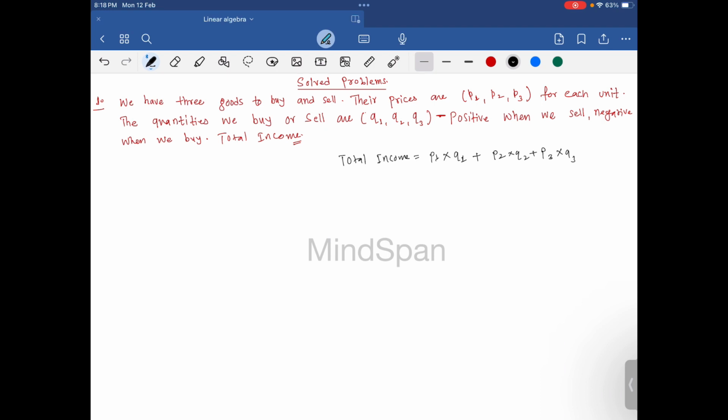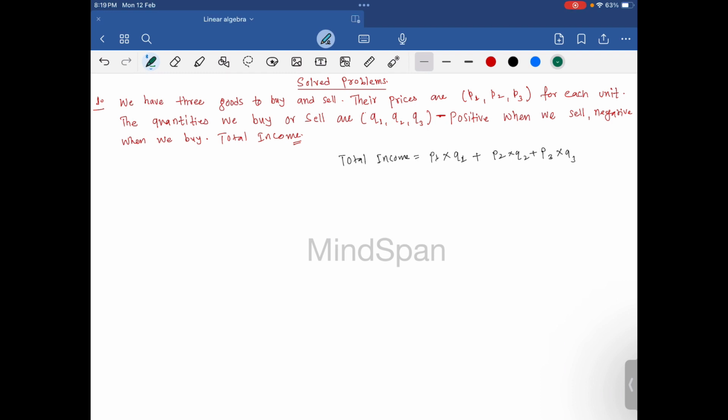So now the main point here is to look at this as a vector. You can look at these prices as a price vector, right? So this list represents the price vector. The goal of this question is to make you realize that you can consider a list as a vector.